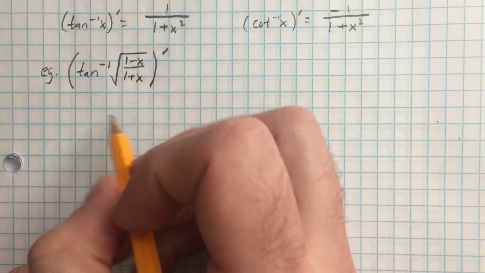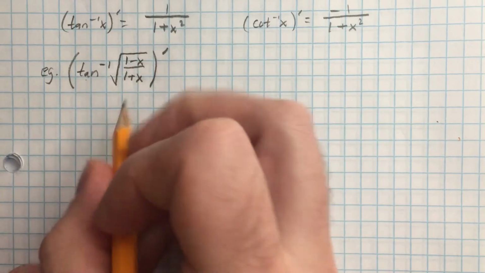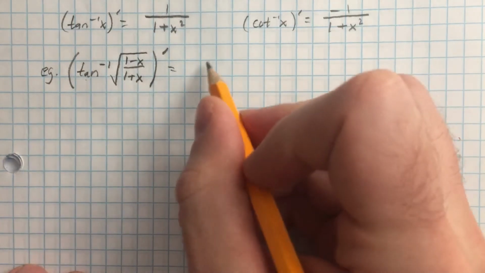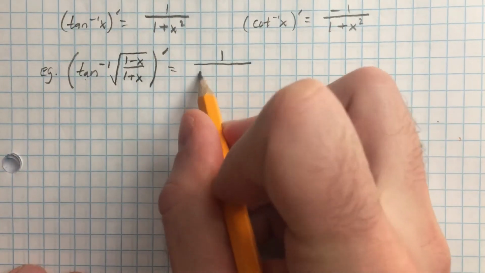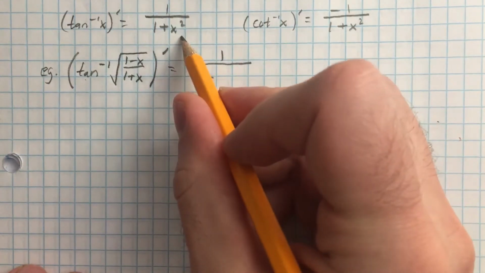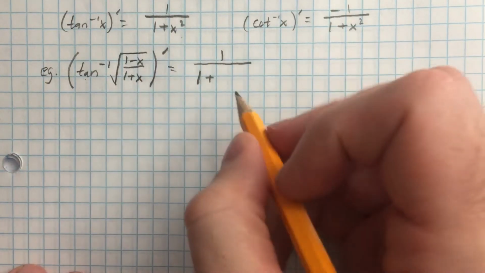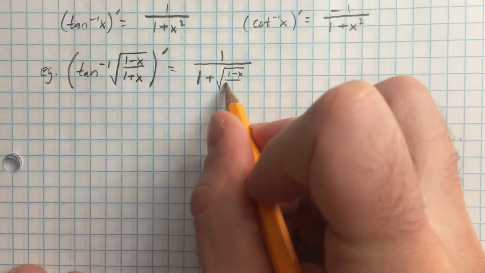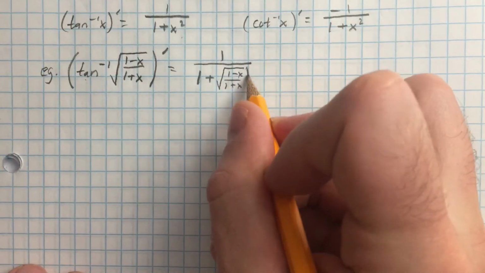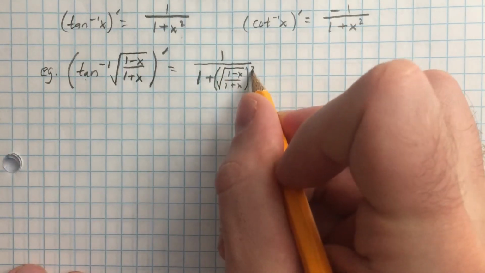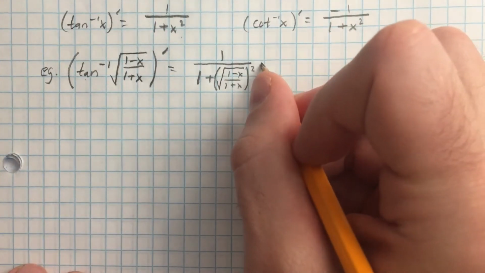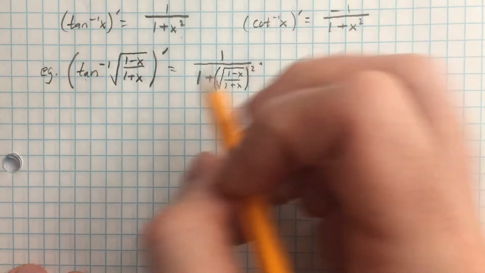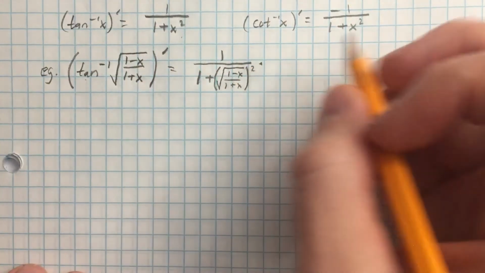We have to take the derivative of the outer function tan inverse, which is 1 over 1 plus something squared. The something is the input. So in this case, it's the full square root of 1 minus x over 1 plus x. That's being squared. And then to complete the chain rule, we've got to take the derivative of the inner function and multiply it onto this.